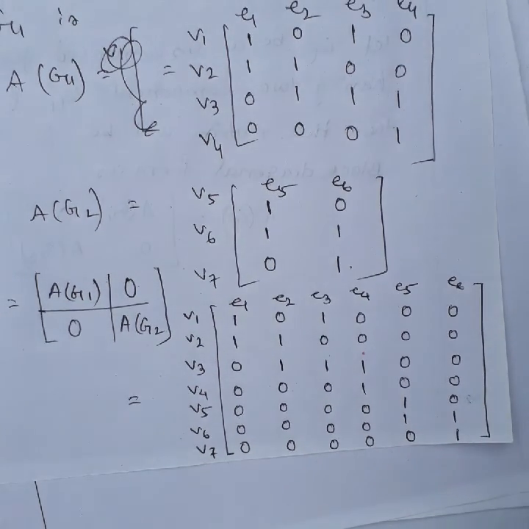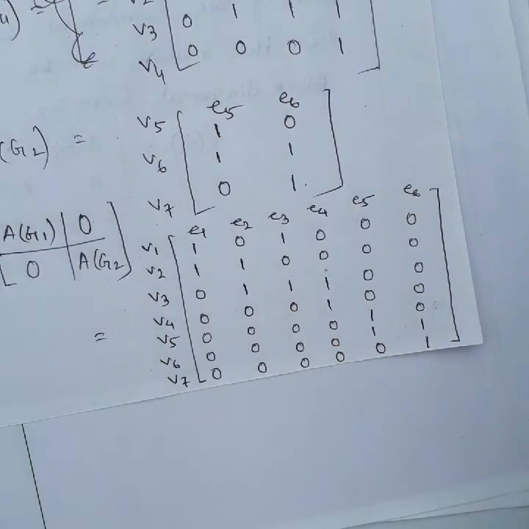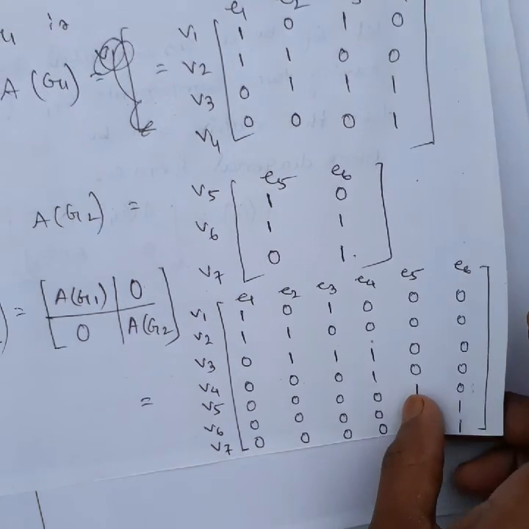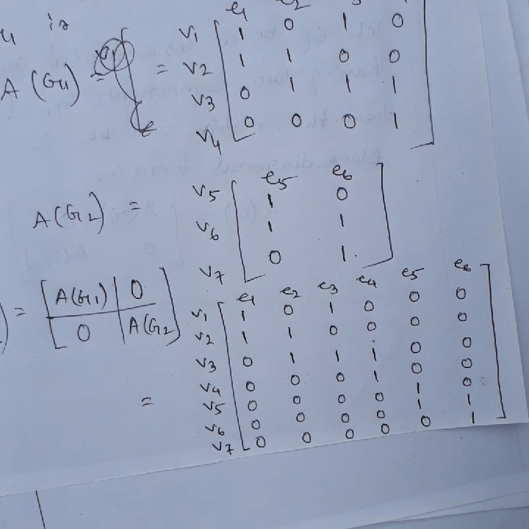Okay, this is our incidence matrix for the disconnected graph. Okay, you can also find the graph from the incidence matrix. So in our next lecture we will discuss the next way of representing a graph as a matrix, that means the adjacency matrix.